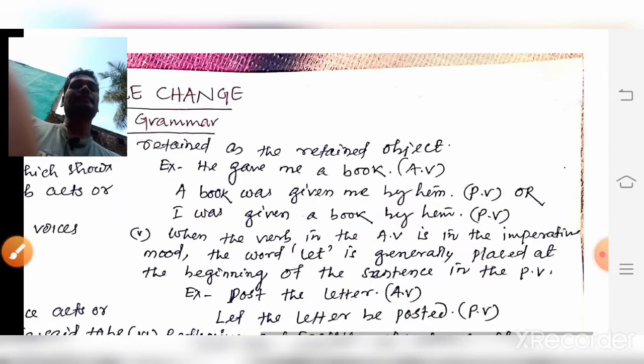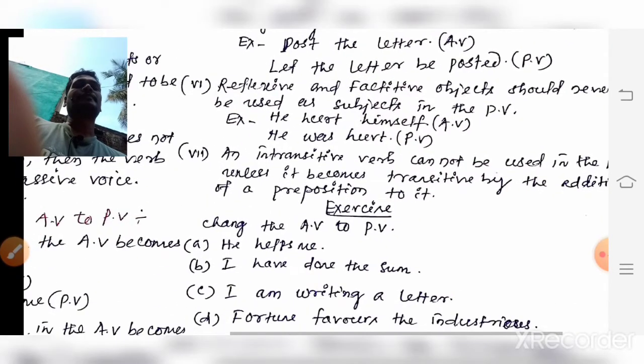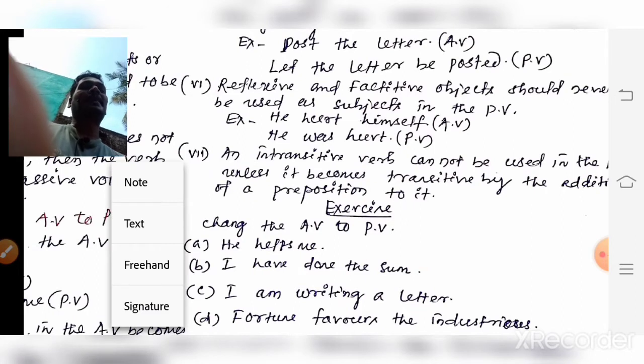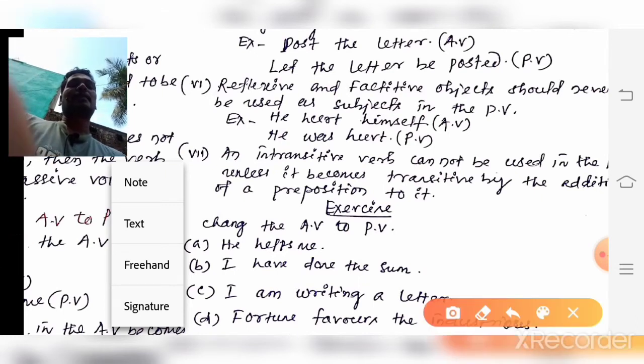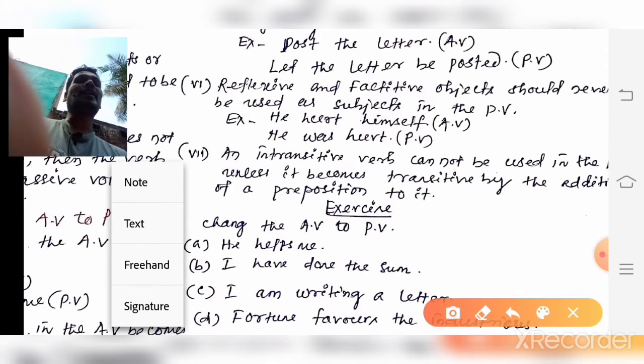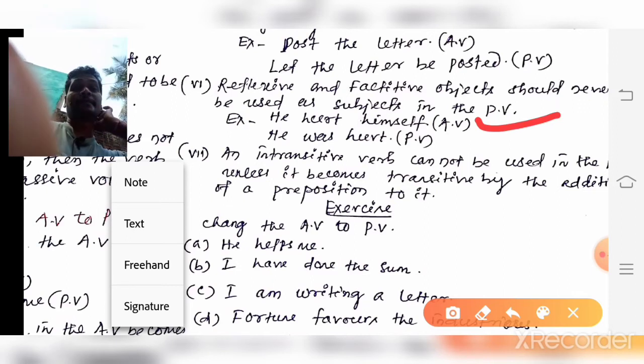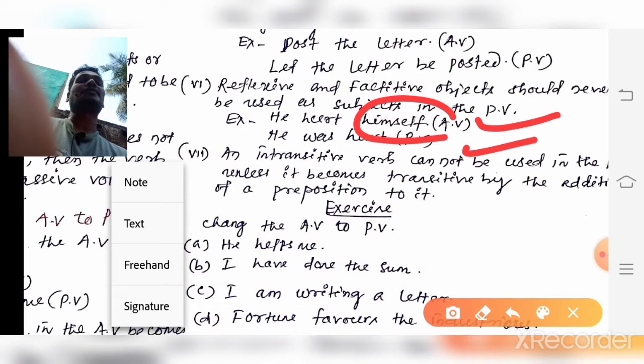Then reflexive and facultative objects should never be used as subject in the PV. Let's see here. He hurt himself. He hurt himself in the AV form. The PV form will be he was hurt. Himself is the object form of he.